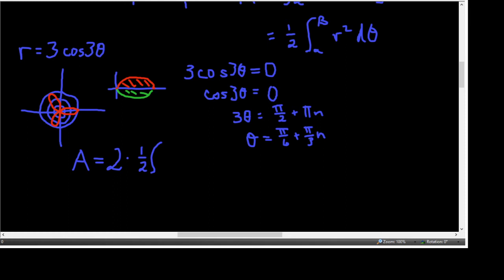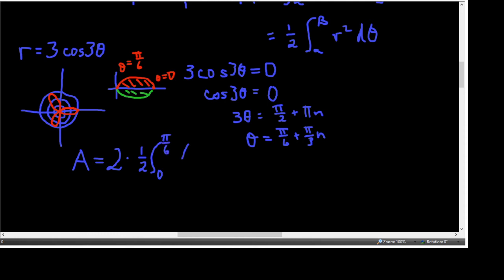This curve right here is at theta equals 0. And by the time we get back to the pole, at that point, we're at theta equals pi over 6. So our integral will go from 0 to pi over 6, which is just half of the area we're trying to find. Hence the doubling is the very first thing I wrote down, 2 times.